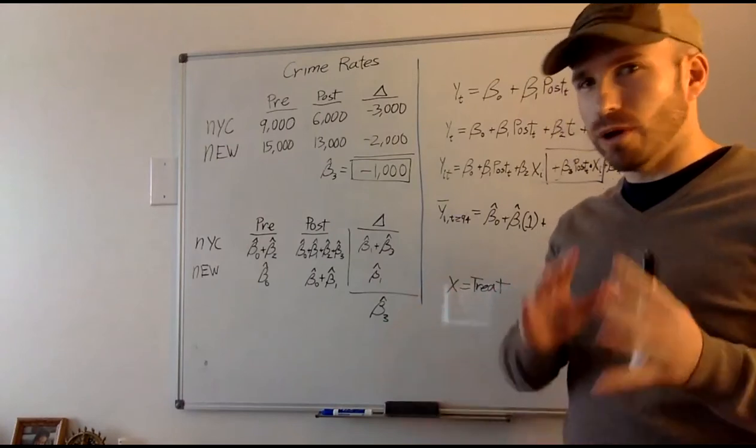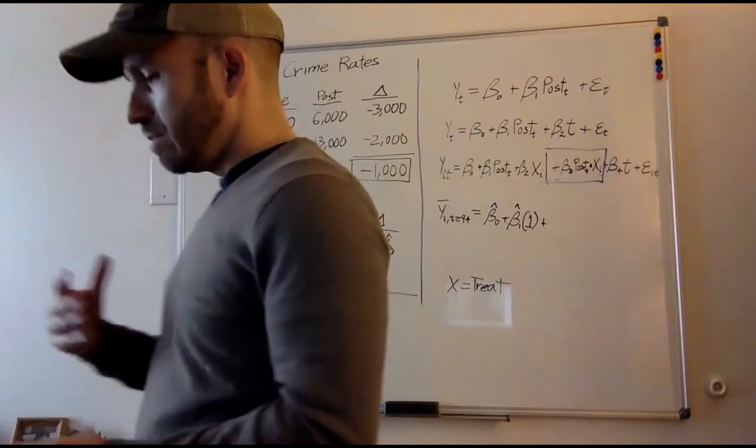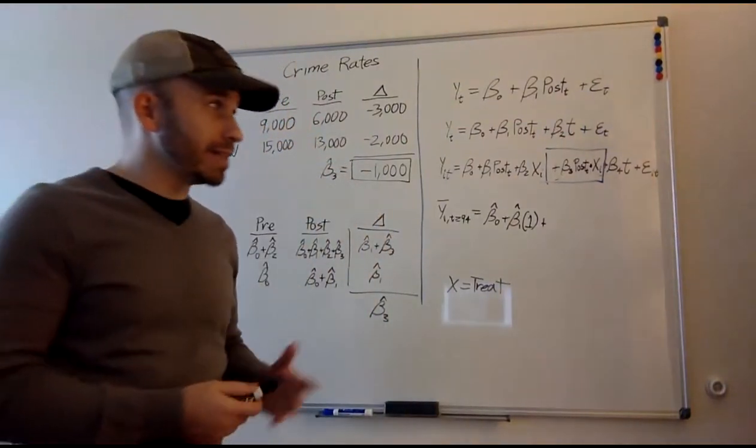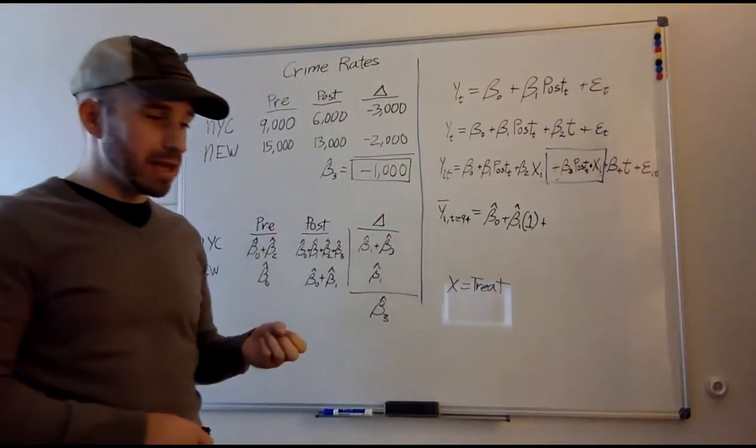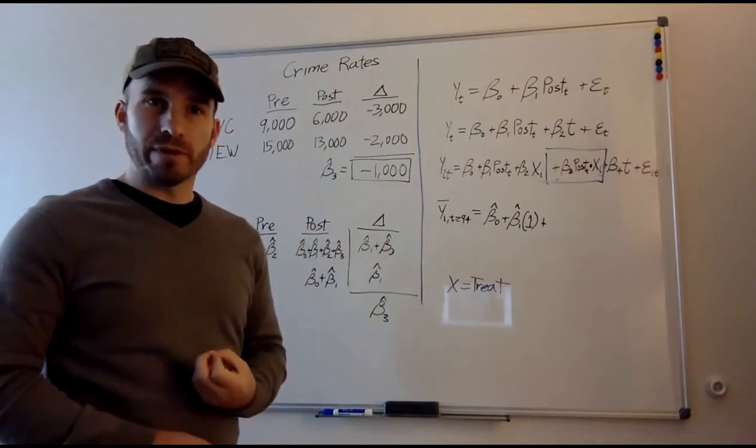Authors will go through all sorts of different streams of logic and thinking to convince you of this, but essentially it often will come down to just an intuitive argument.